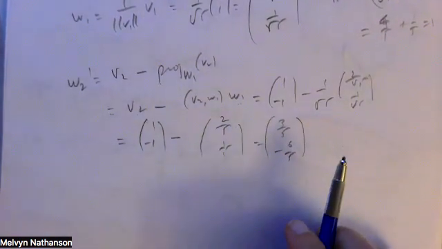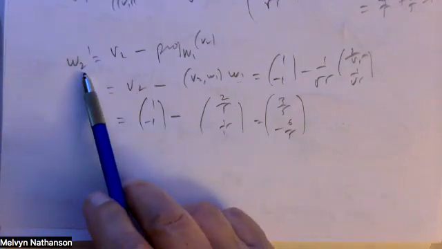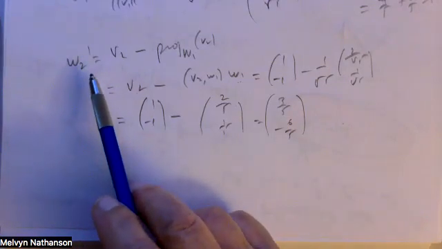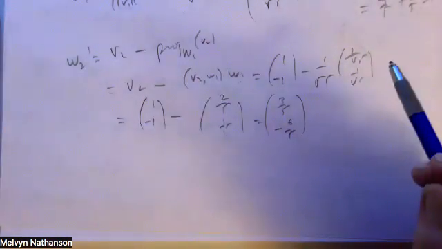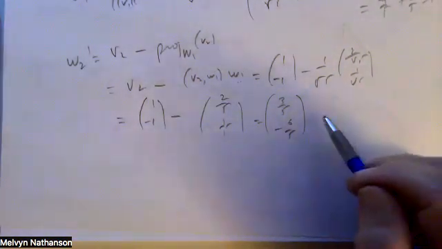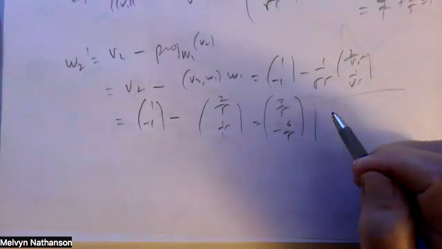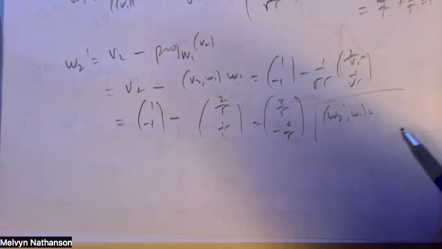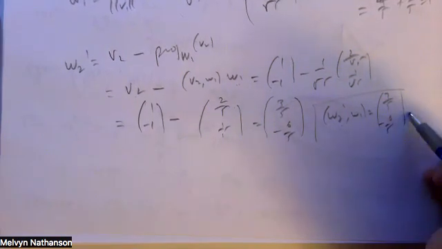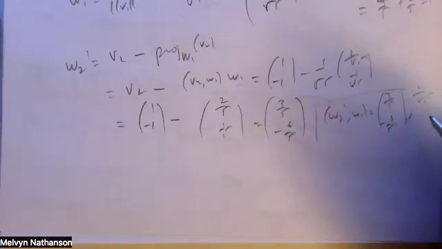So if I did my arithmetic correctly, w2 prime should be perpendicular to w1. Let's just check that. What is the inner product of w2 prime and w1? That's the inner product of the vector (3/5, -6/5) and the vector (2 over root 5, 1 over root 5).